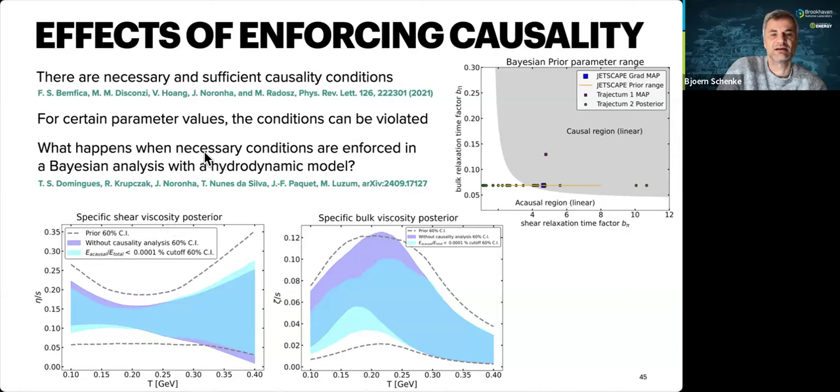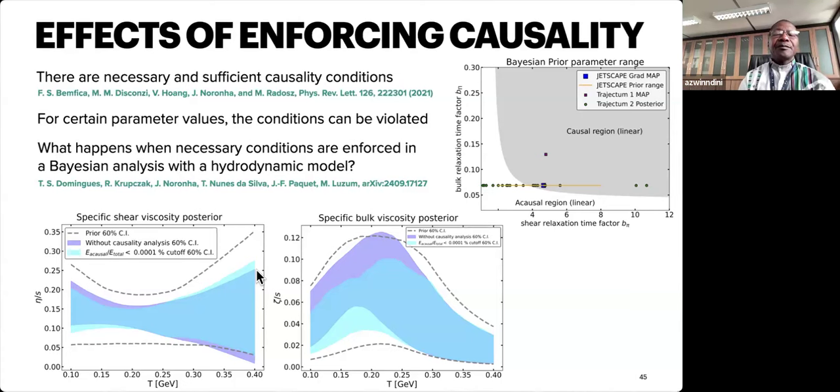They get some Bayesian posterior, and some of the parameters they sample from the posterior will lie outside this region that they determined from their conditions, independent of experiment. And then they get the purple band. And if they just remove those from the posterior, they get the blue band.